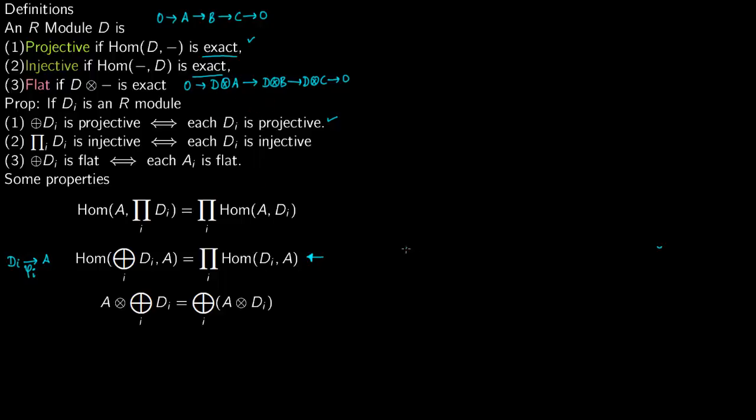So to prove this, notice that I'm just going to replace D with this direct sum here. So we have to show that this thing is exact if and only if this functor here is exact for all i.